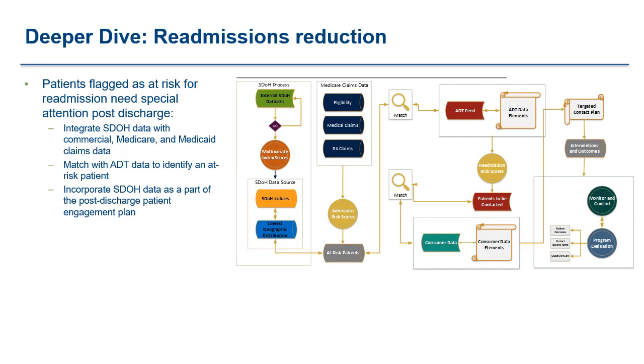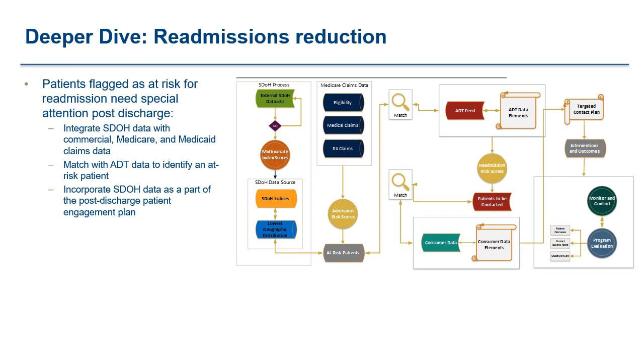So the readmission reduction, I do want to go into this a little bit differently. This is essentially how you would go about merging data sets together. So you would get data from external databases, you would apply scores to that data, you would merge that with, say, claims data, and that gives you your set of patients that are potentially at risk. And then as you are dealing with patients within your own facility, you'll be getting what's called an ADT feed, or admit, discharge, and transfer feed.